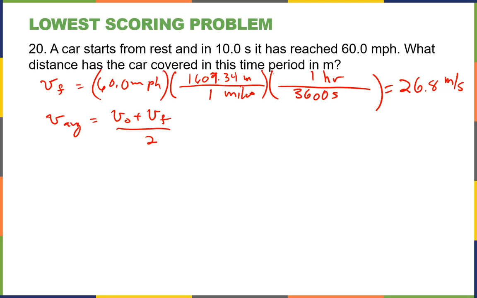So that's the average velocity, which of course is half of 26.8. I think we can all do 26.8 divided by 2 in our head, right? Don't mess with me.